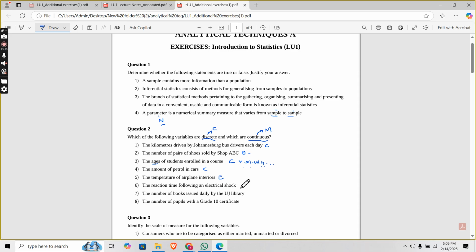So number 6 is the reaction time following an electrical shock. Time. The key word is time. So do we count time or do we measure it? Is the answer discrete or continuous?